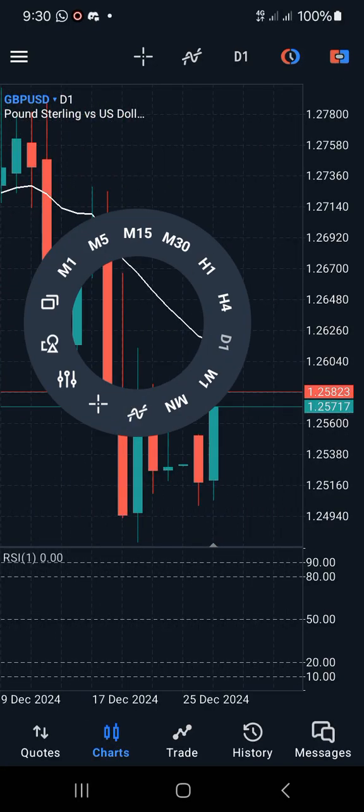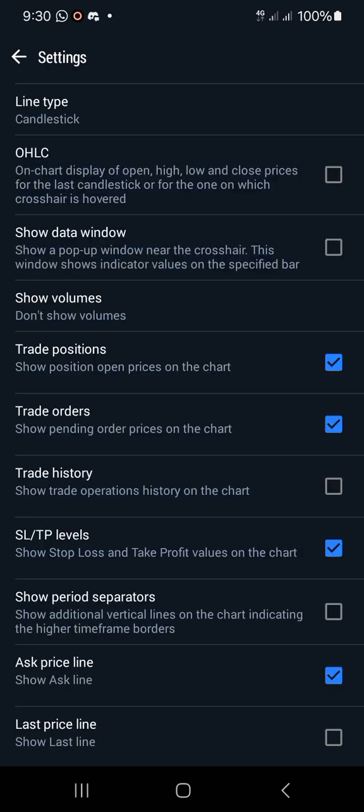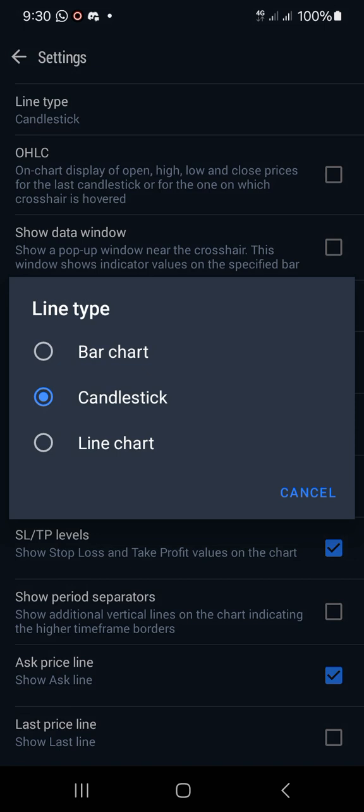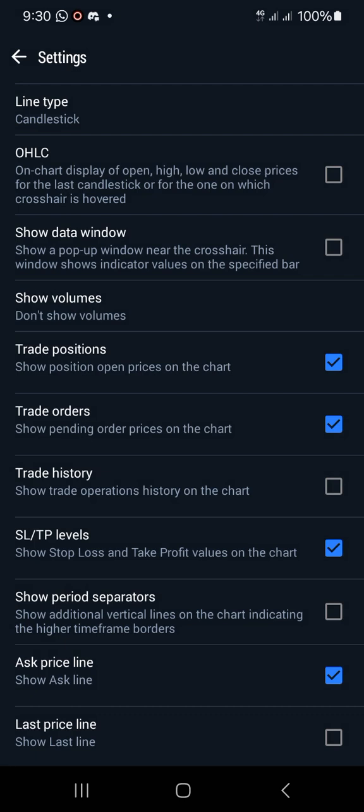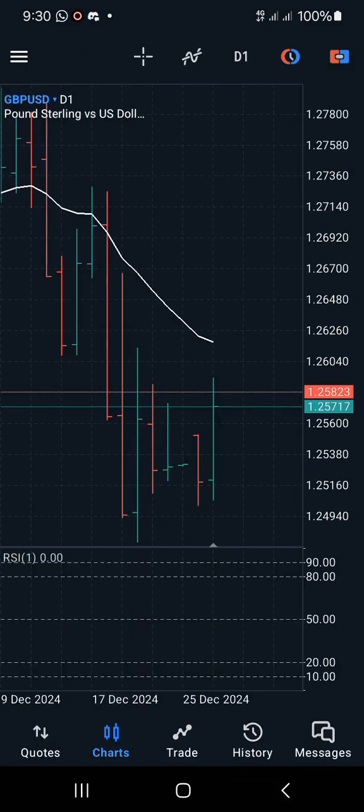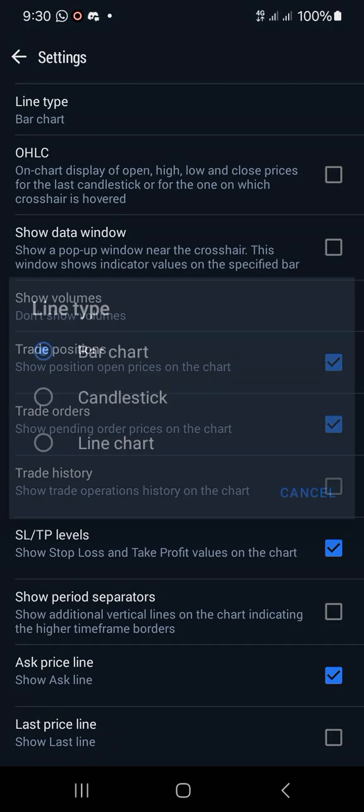If you touch any part of the screen, you can see something that looks like charts here. You touch this, you can see a line type, you select it. It's already on candlesticks. You can select bar charts. Let's go back, see how the bar chart is. So you can touch it again, select line charts.